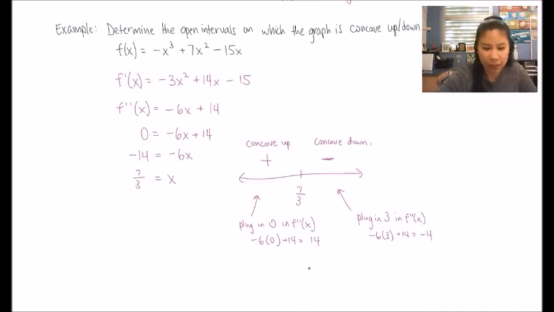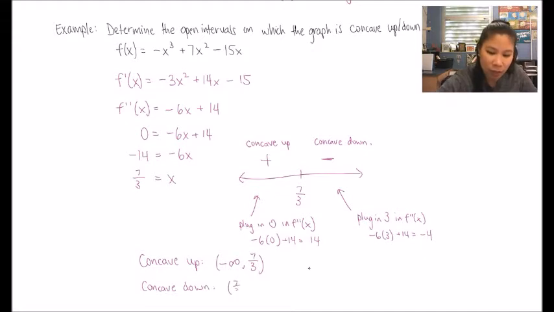Okay, so writing this out nicely, we have intervals of concave up from -infinity until 7/3. And then concave down would be from 7/3 to positive infinity, everything to the right. That's kind of it for concave up and concave down intervals.